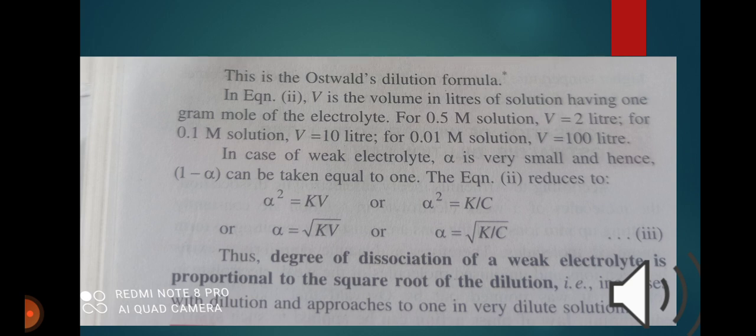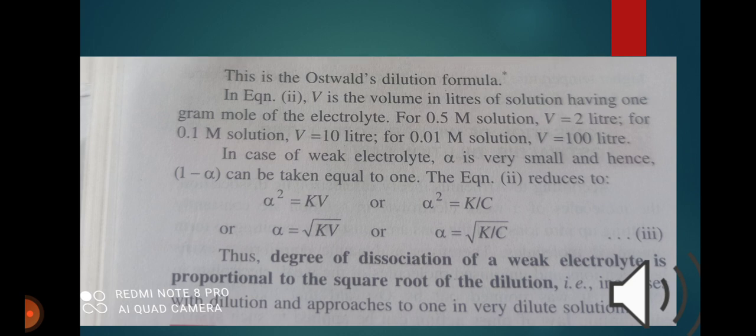Then equation 2 reduces to alpha square is equal to KV, or alpha square is equal to K divided by C, or you may write alpha is equal to root of KV, or alpha is equal to root of K divided by C. Consider it as equation 3.